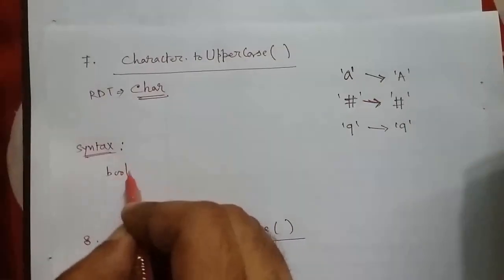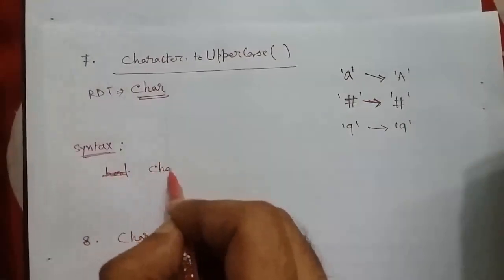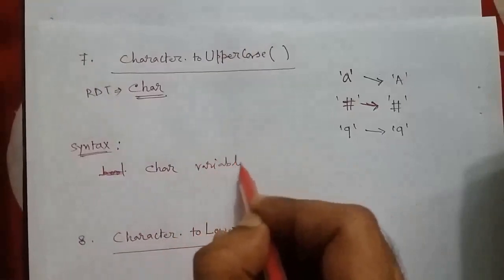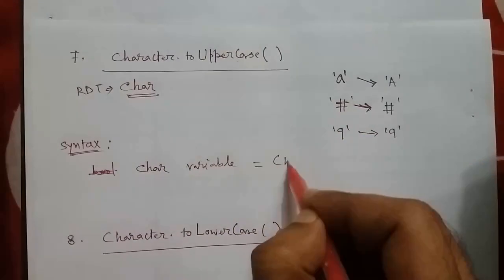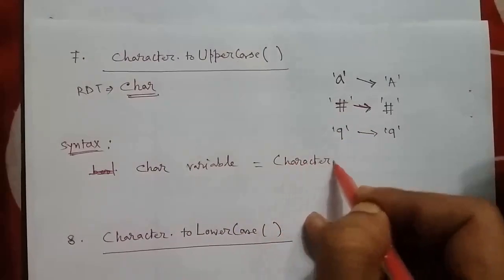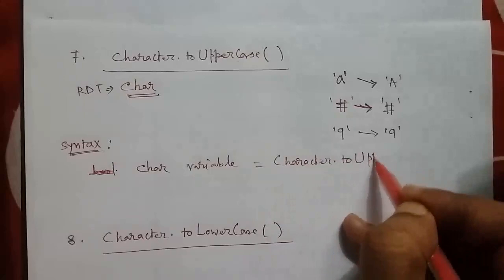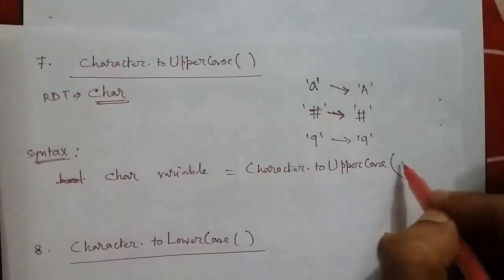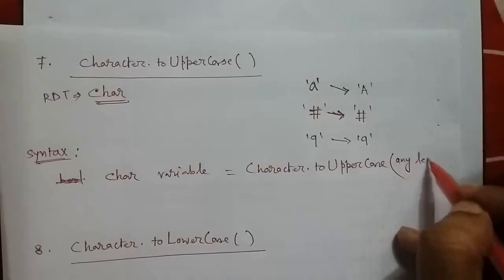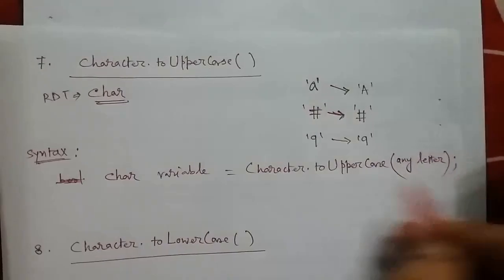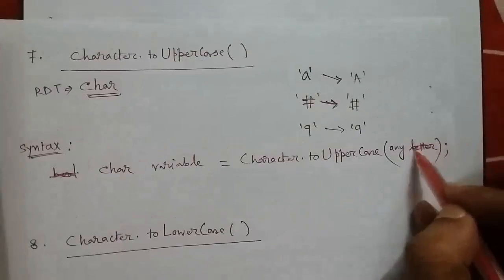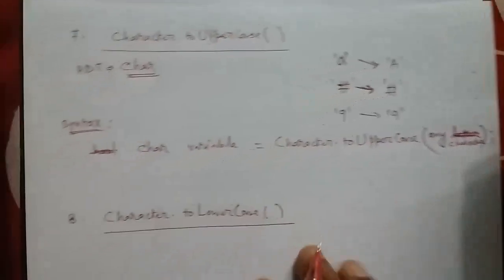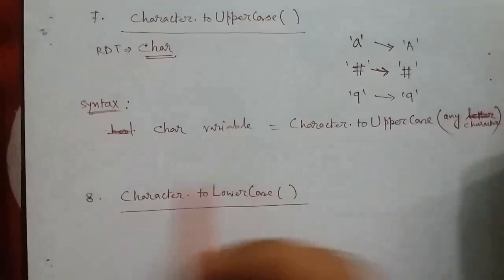That is char, not boolean, it will be char, then variable equals to Character.toUpperCase, and then any character. In the syntax we should write any character here.